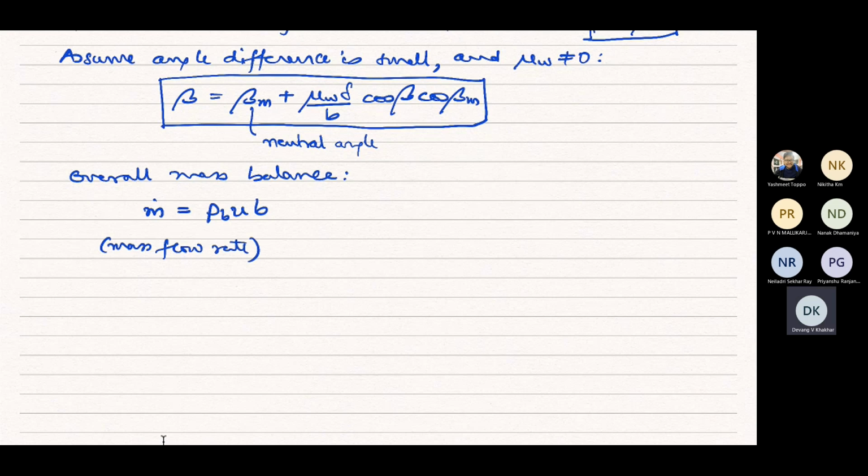And now if we write down U is equal to gamma dot delta by 2, then you can clearly see that, I'm sorry, this is U delta into B. I made a mistake.